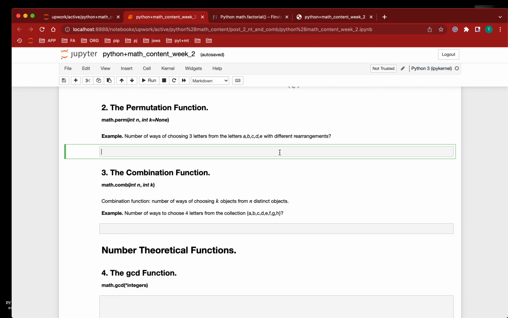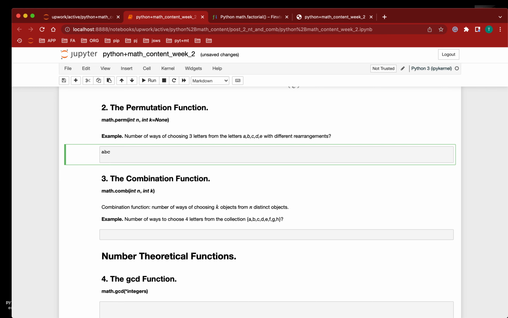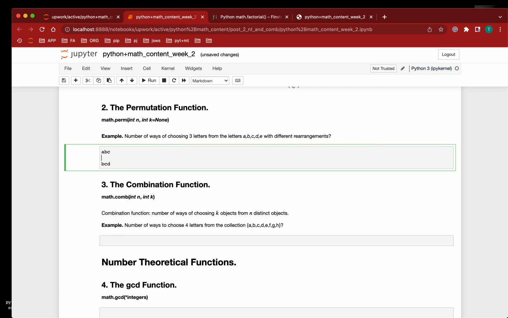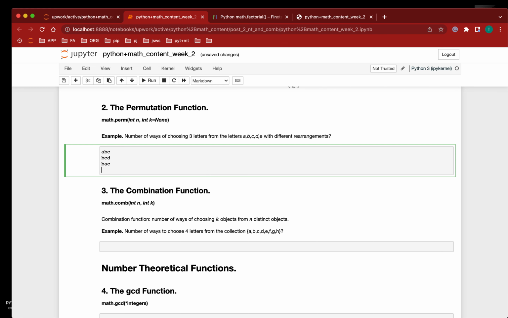Well, we want to count things like A, B, C, because those are 3 letters from here. We want things like B, C, D, and also things like BAC. BAC is different from ABC because we're considering different rearrangements.